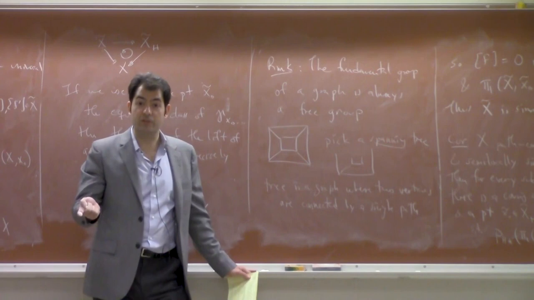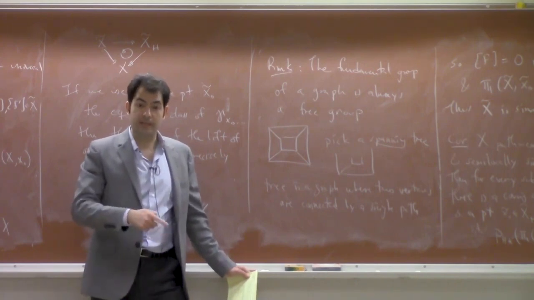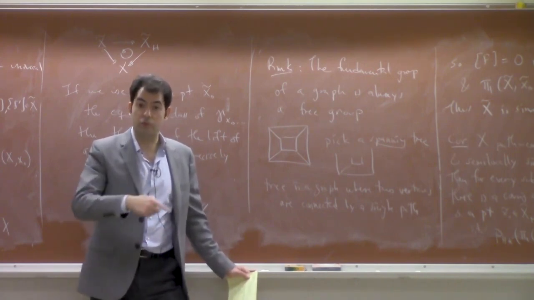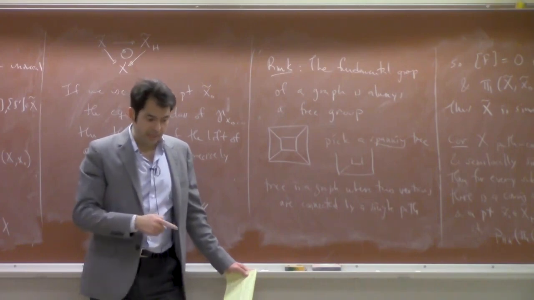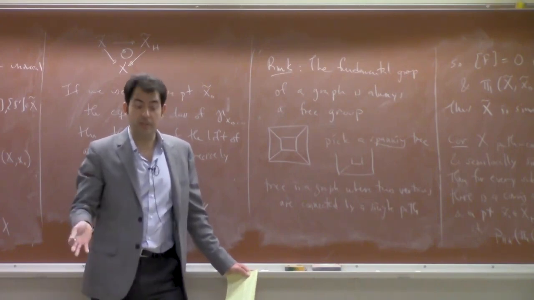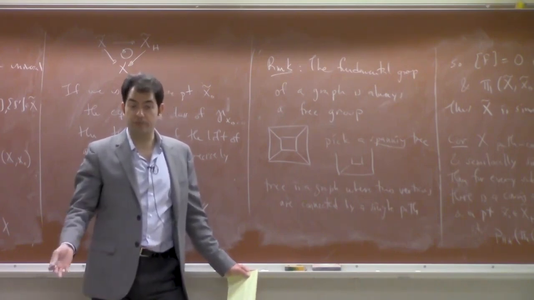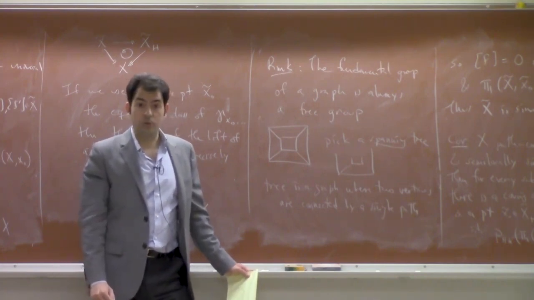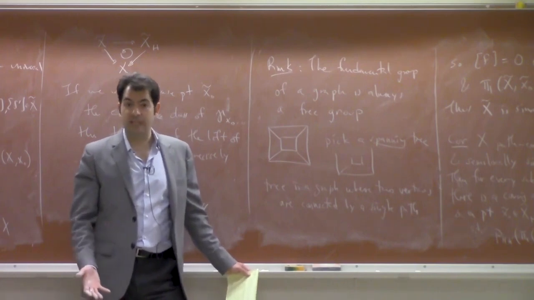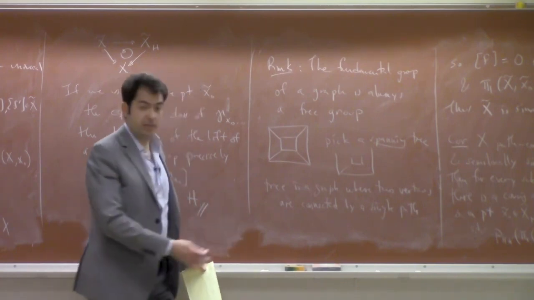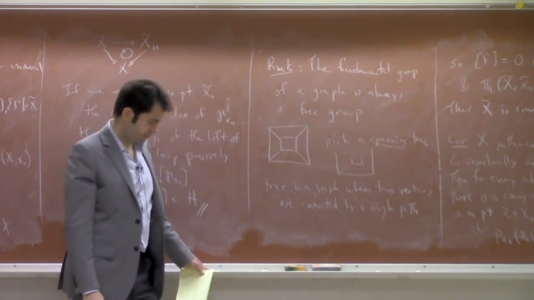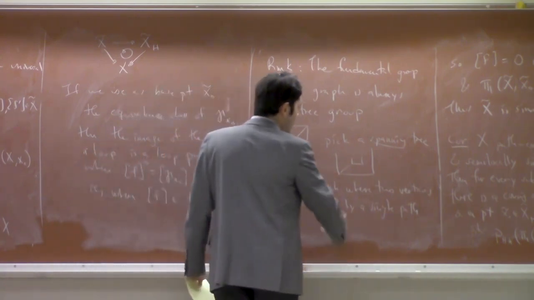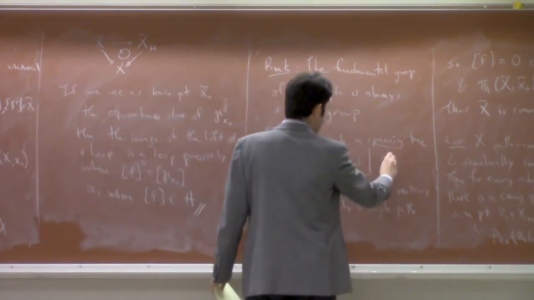Since that vertex wasn't connected before, you still have only one path joining any two vertices. And then you can just iterate until you've gotten all of the vertices. If you have an infinite graph, then you have to use Zorn's lemma. You have to use some version of the axiom of choice to prove that there is a spanning tree, but you can. So once you have a spanning tree, let's call that T.